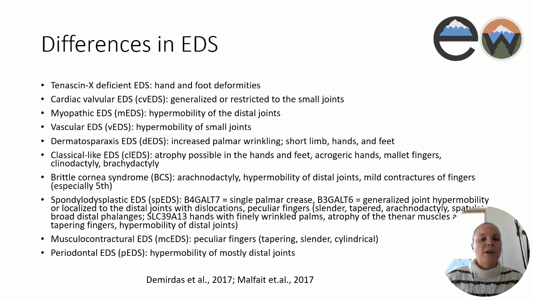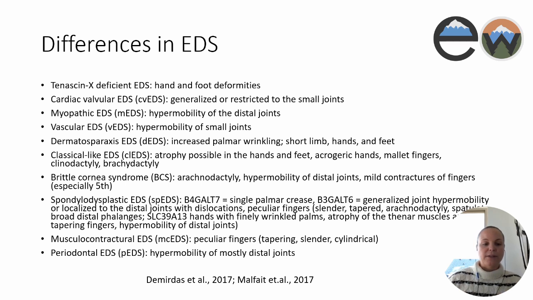Dermatosparaxis EDS, not necessarily as much hypermobility reported, but we do potentially see shortening of the bony structure of the fingers and into the hand, and some palmar wrinkling changes. The wrinkling are the lines within the hands. Classical-like EDS, we can see atrophy, so weakness that happens within the hands and also in the feet. And then acrogeric hands.